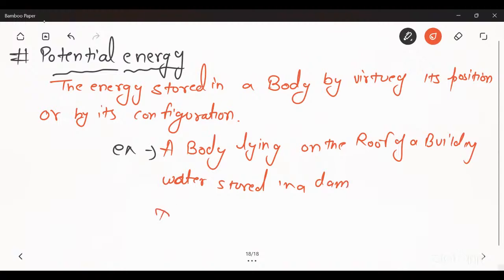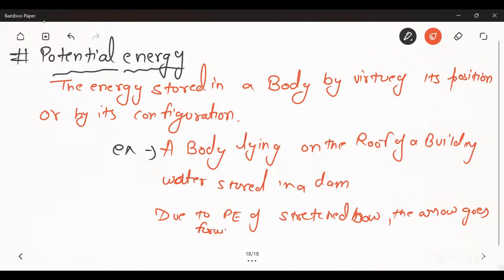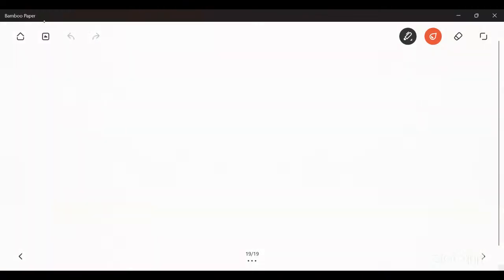Next example was the potential energy of a stretched bow, due to which the arrow goes forward. So that was your potential energy.